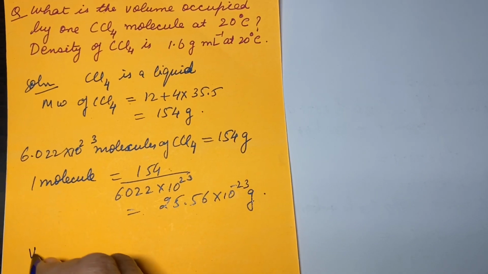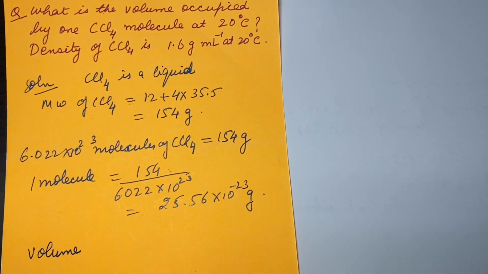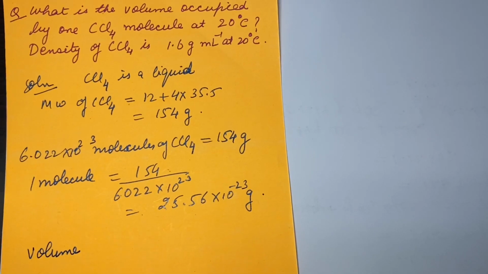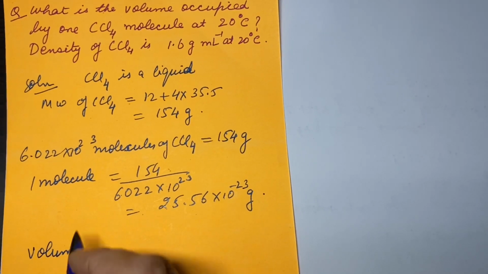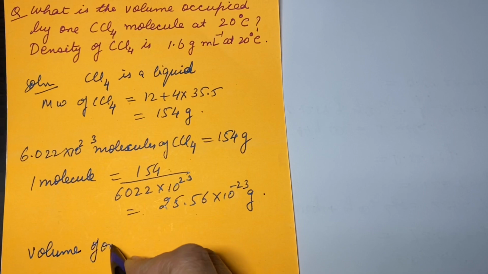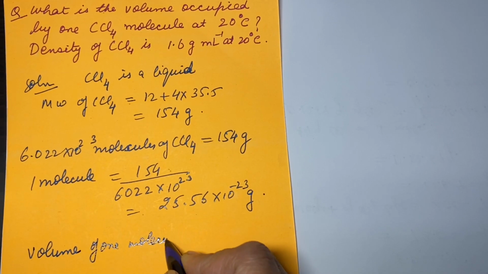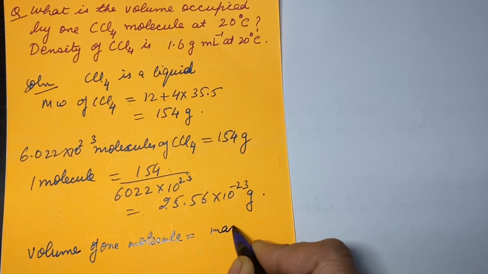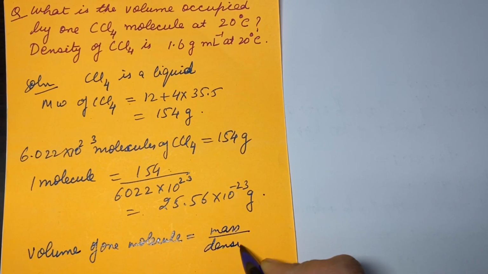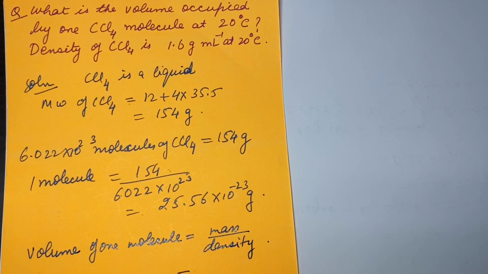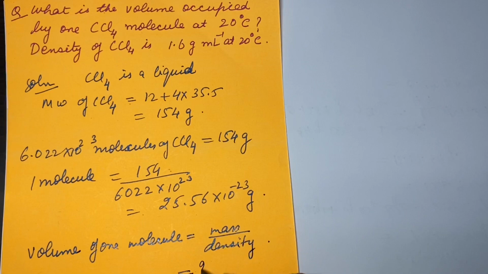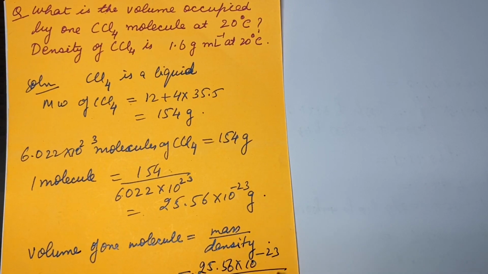Now volume. Since in the question it is asking what is the volume occupied, the volume of one molecule is equal to mass upon density. And what is the mass? Mass is what we have calculated, 25.56 into 10 to the power minus 23, divided by its density given in the question.